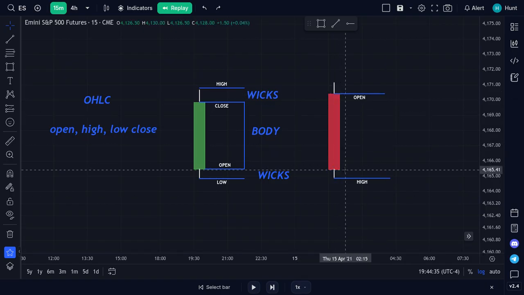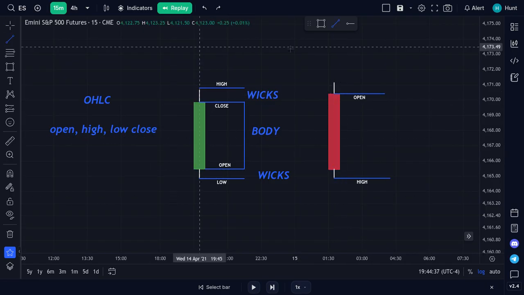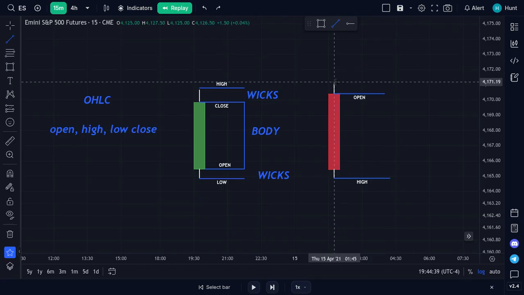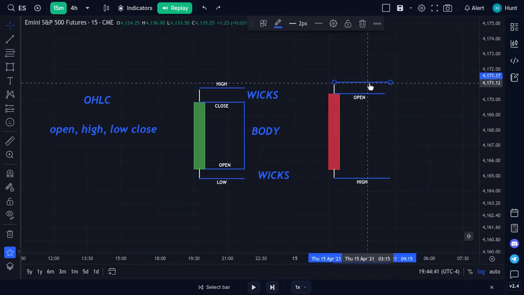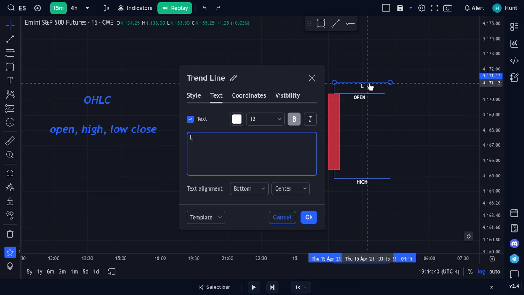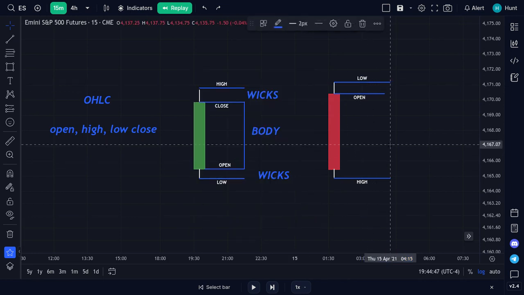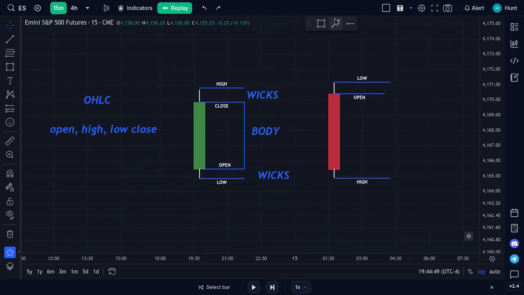So this would be the high of the candlestick. This would be the low of the candlestick, and this would be where the candlestick closed.